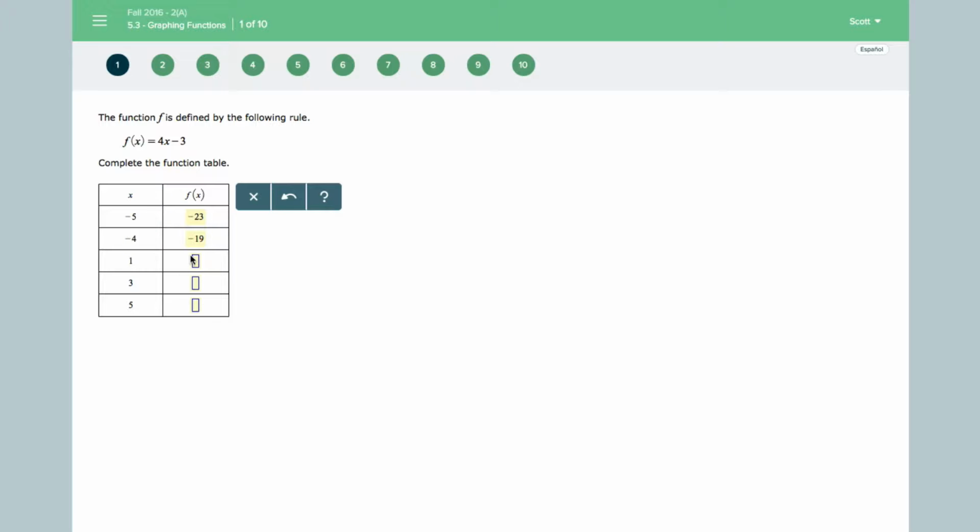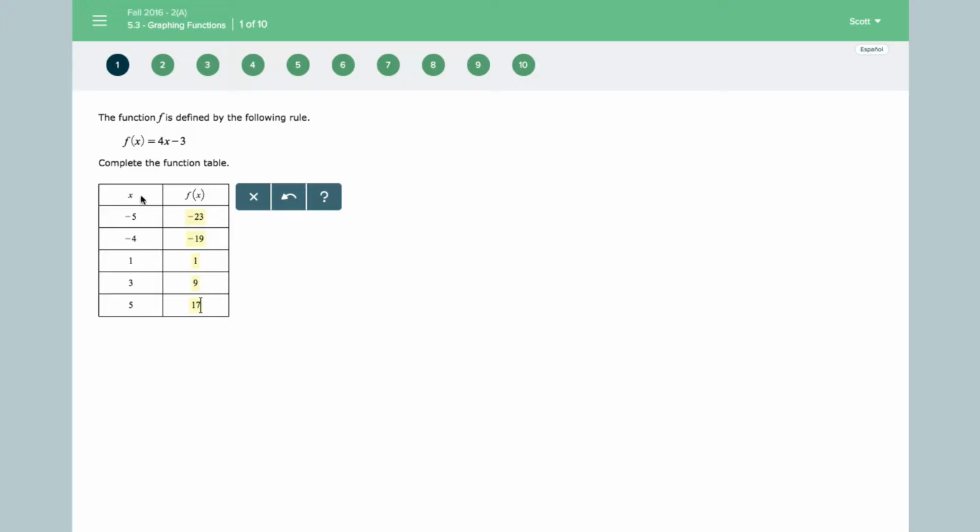Okay. Now we put in a 1. 4 times 1 is 4. 4 minus 3 is 1. Put in 3. 4 times 3 is 12. 12 minus 3 is 9. And 4 times 5 is 20. 20 minus 3 is 17.